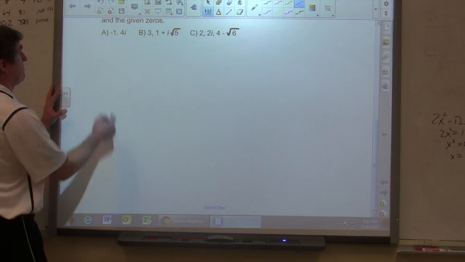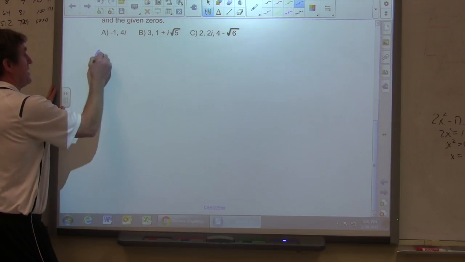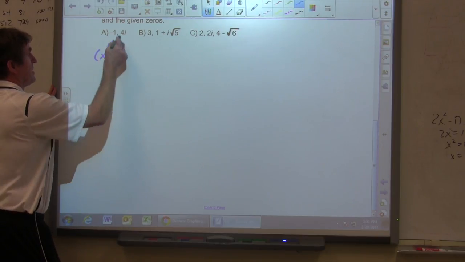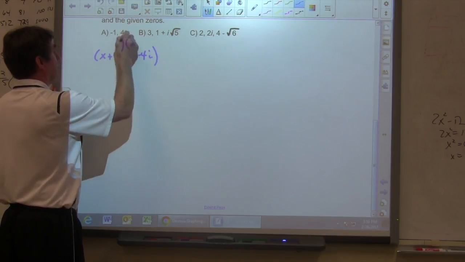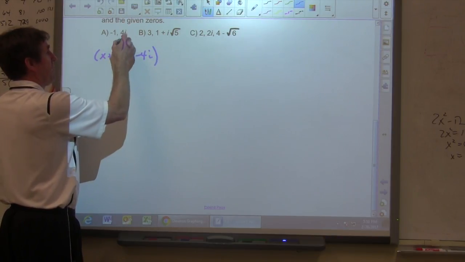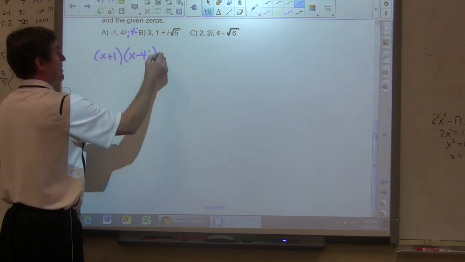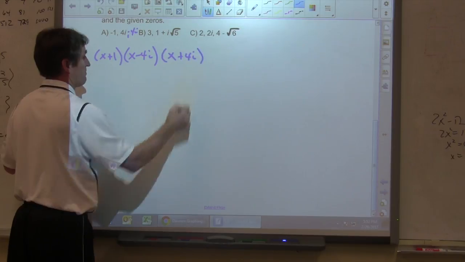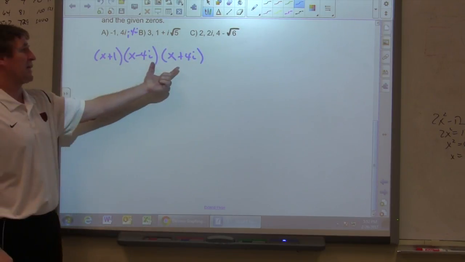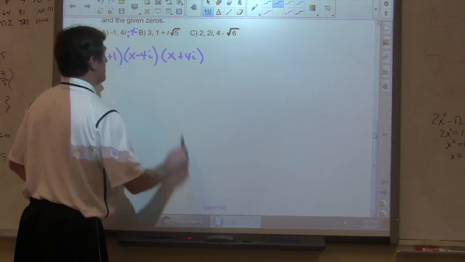So this first one, again, since we have minus 1, it's x plus 1. Since we have 4i, it's x minus 4i. And then because we have a complex number, 4i, we have to have negative 4i. So that would be x minus a negative 4i or plus 4i. Now again, I always multiply the conjugates together first.